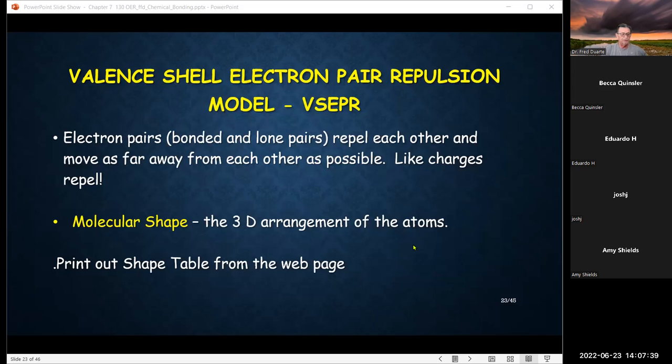All right, so this particular part, I've already introduced to you the concept, and they call it the valence shell electron pair repulsion, or VSEPR. And that is nothing more than the electrons have a negative charge. If I get electrons, especially lone pair electrons, or any electrons, bonded pair, they're going to repel each other such that they get as far away from each other as possible.